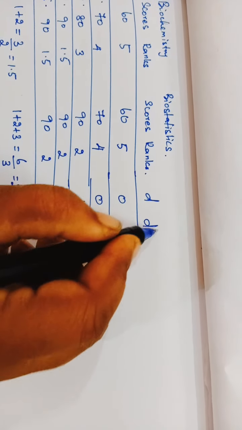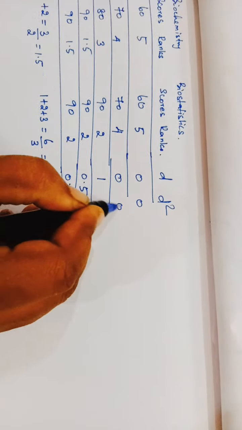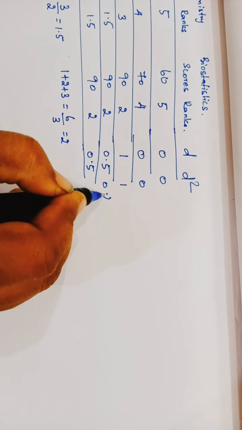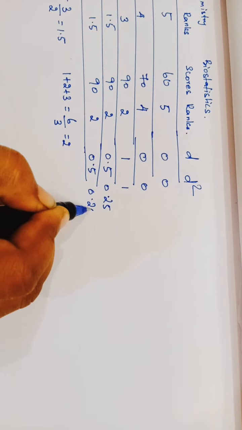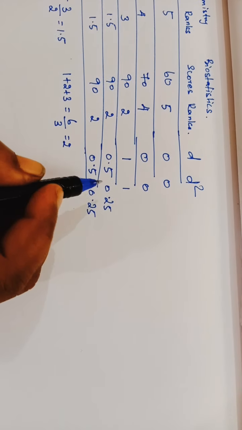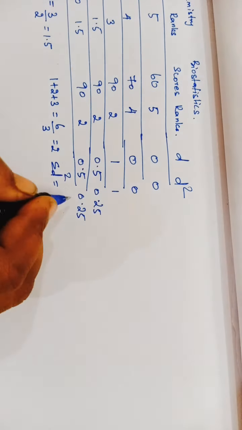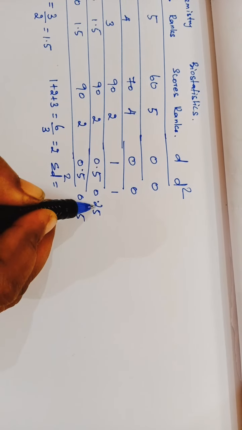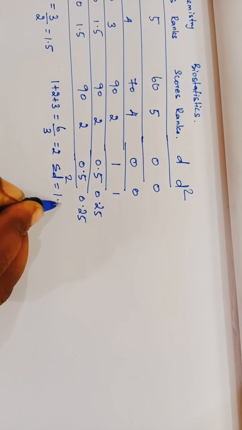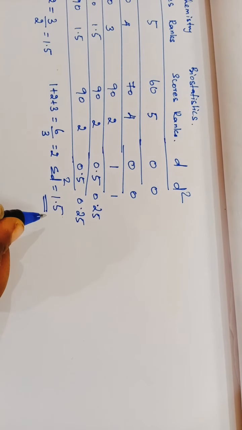Let us do d squared: 0, 0, 1, 0.25, 0.25. In the formula sigma d squared is there, so let us sum all this: 1 plus 0.25 plus 0.25 is 1.5. So this is sigma d squared.